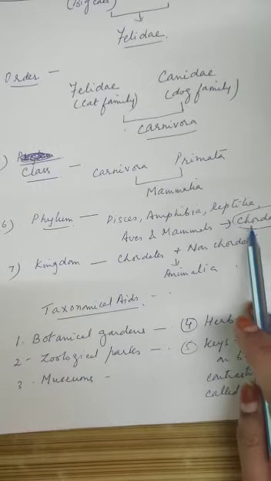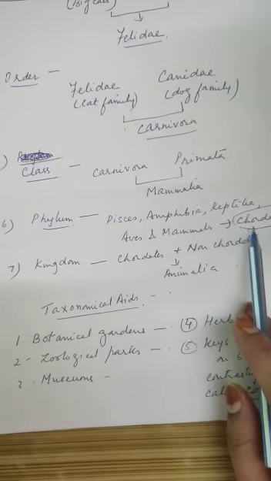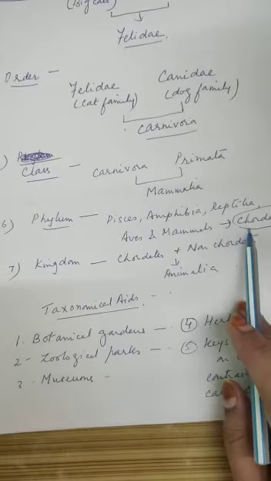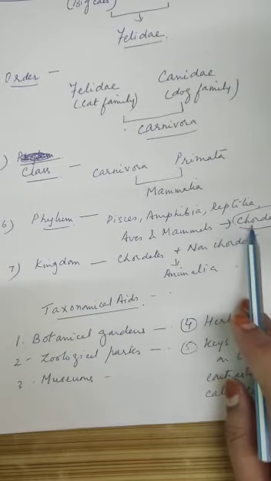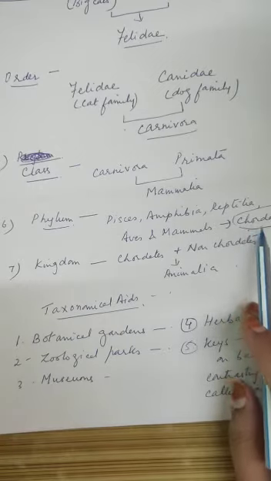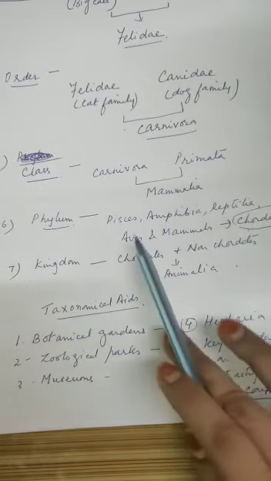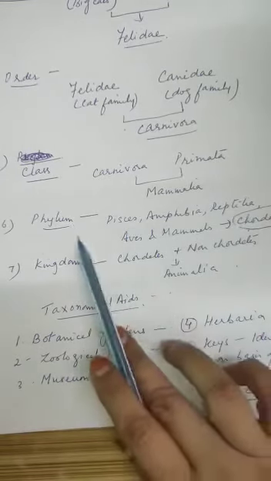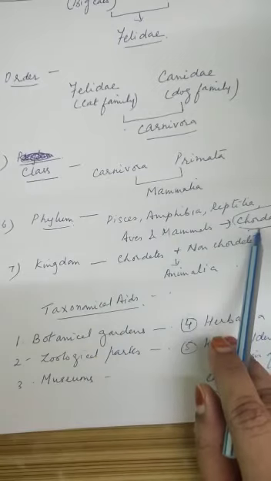They should have a post-anal tail, they should have gill slits, they should have a vertebral column or a neural cord that is present during some time of their life. So on the basis of that, these are the various classes of the phylum Chordata.